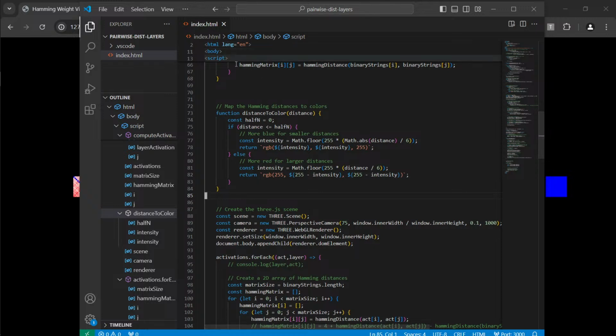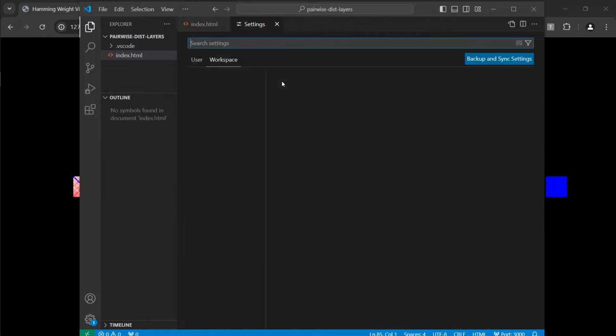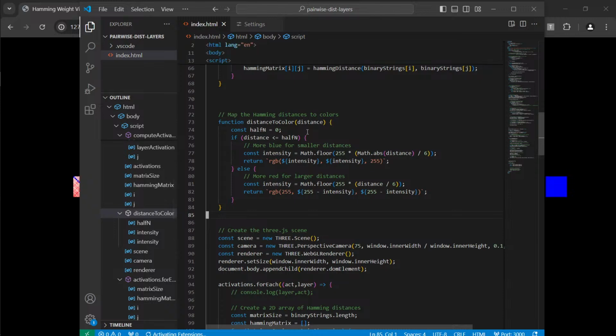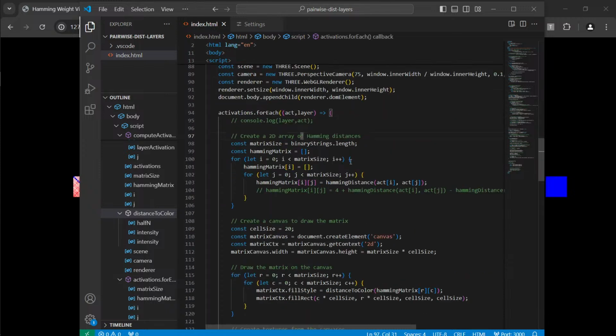I gotta make the font bigger because I'm geriatric and stuff. Okay. Does that do anything, kind of? Alright, okay. I know we're not gonna abstract, we're just gonna make a function.